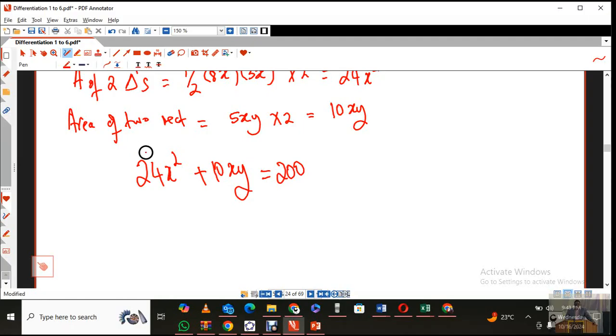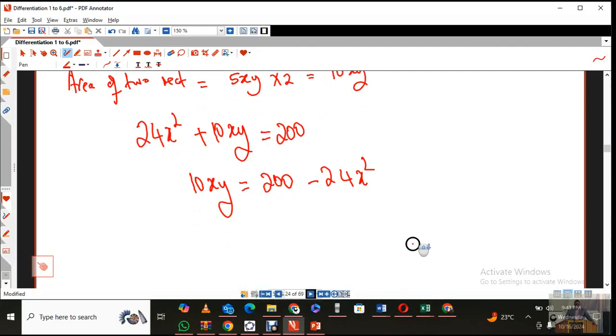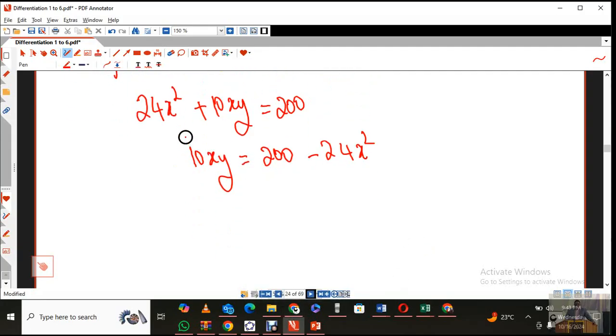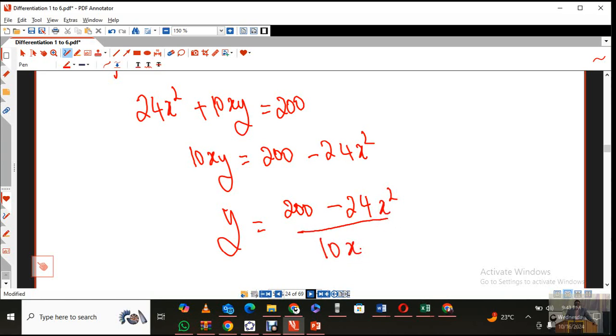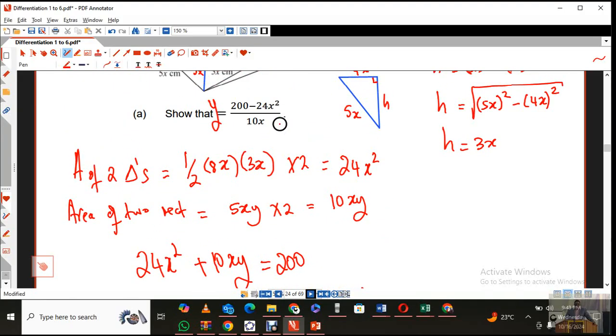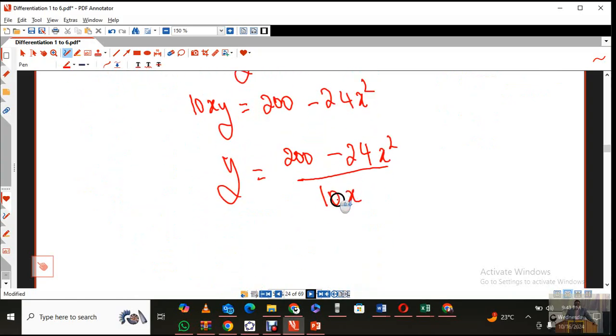So 10xy equals 200 minus 24x squared. And then we're going to have everything divided by 10x. So y will be 200 minus 24x squared, divided by 10x, which is what we were supposed to prove anyway. Does that make sense? Good.